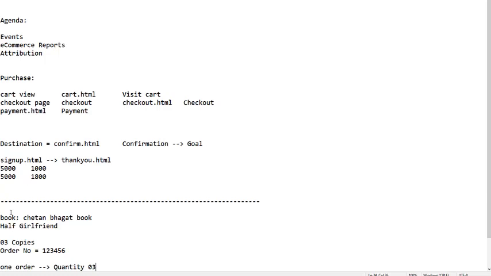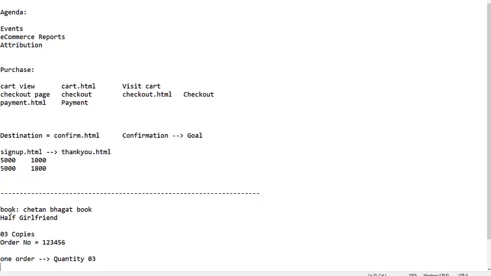So I can say here that unique purchase is 1, but quantity, how much is the quantity? Good, Ankur. The quantity was 3. So one unique order, 3 quantities.